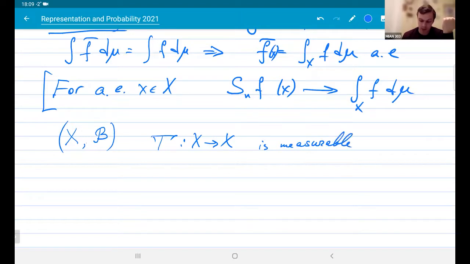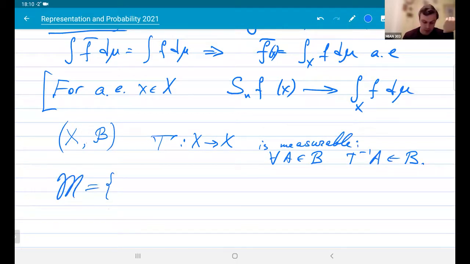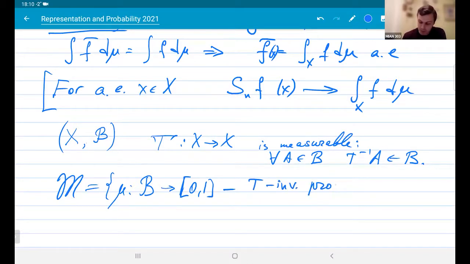This again means that for any A from B, T minus 1 of A also belongs to B. And then you can consider the set M of all T-invariant probability measures.